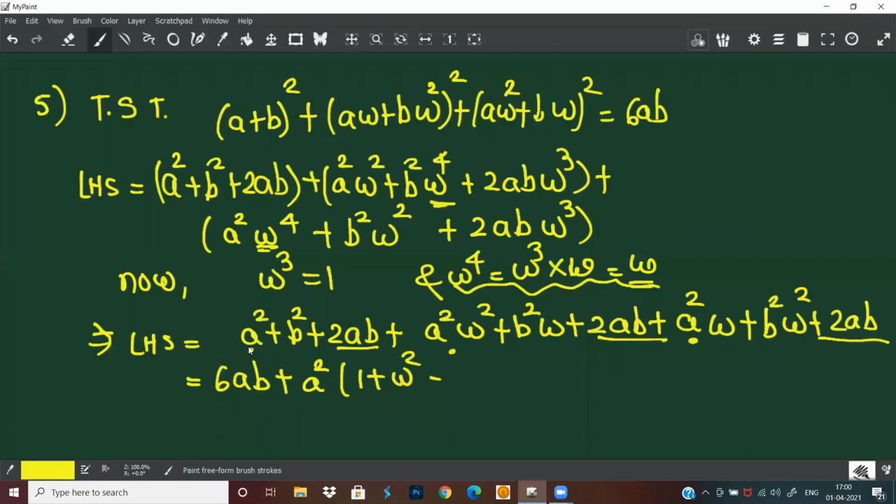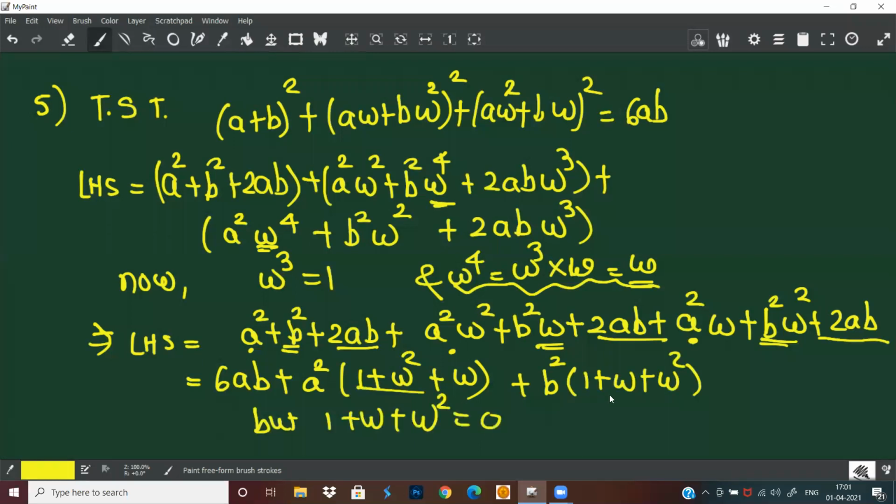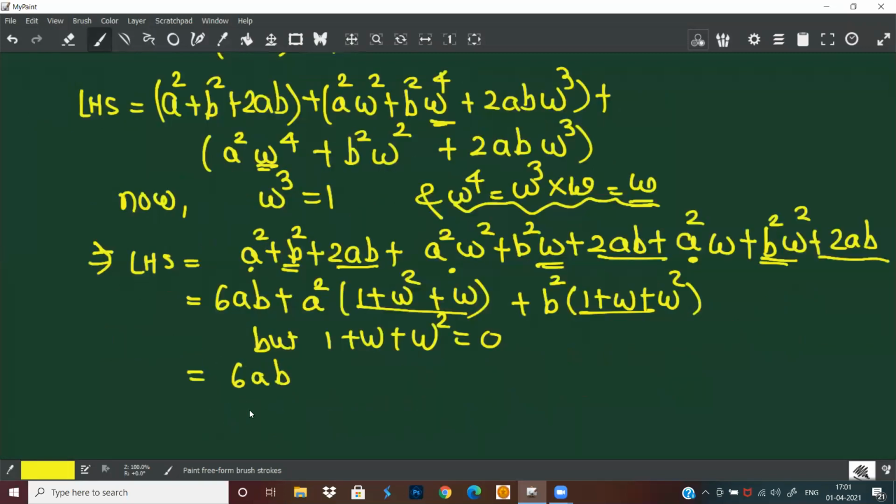B स्क्वायर वाले साथ में ये है एंड लास्ट वाला है. ये देखो. बट 1 प्लस ओमेगा स्क्वायर इज 0. मतलब ये भी 0, ये भी 0. मतलब ये पूरा पार्ट विल बी 0. करेक्ट. 6AB, which is your RHS, henceforth. Did everyone get this? Good.